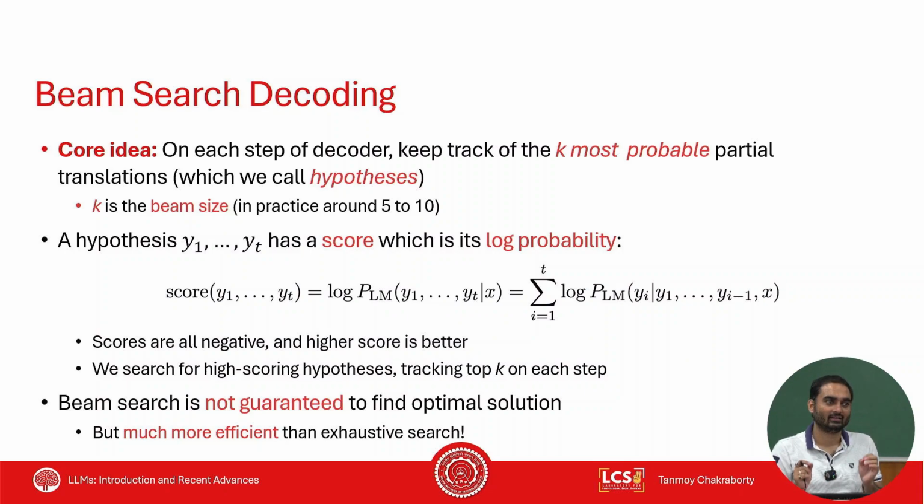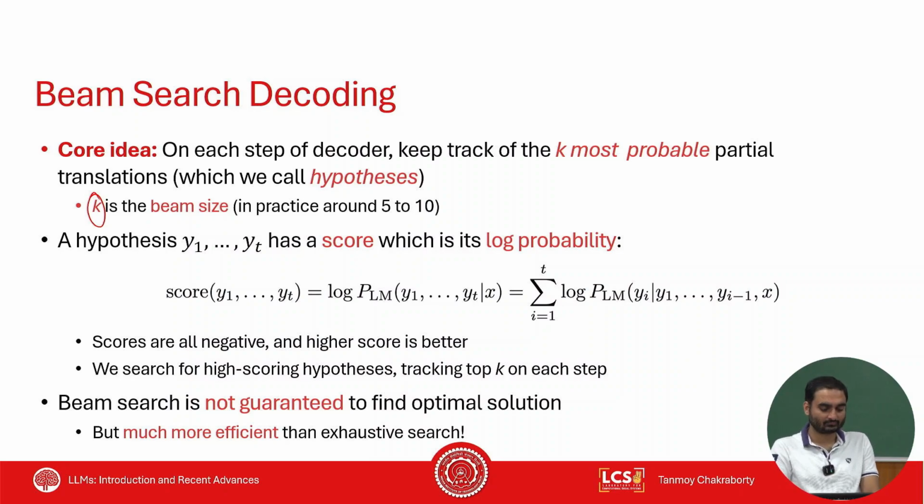The only difference is that instead of keeping track of V possible options, I will only keep track of K possible options, where K is the size of the beam. It means that instead of generating only one token as we did for greedy decoding, or V tokens as we did for exhaustive search, I will generate K tokens. K can be 5 or 10, whatever value you set.